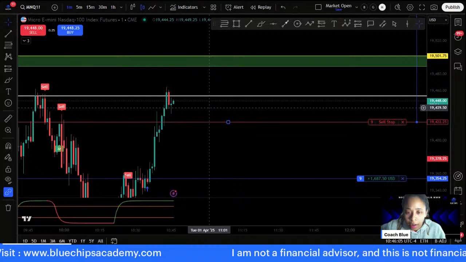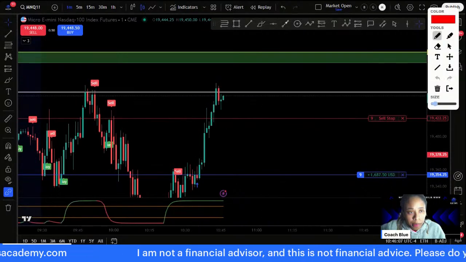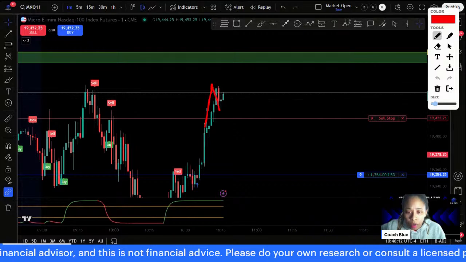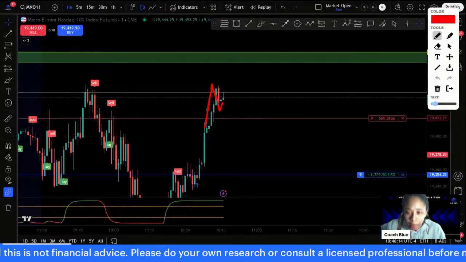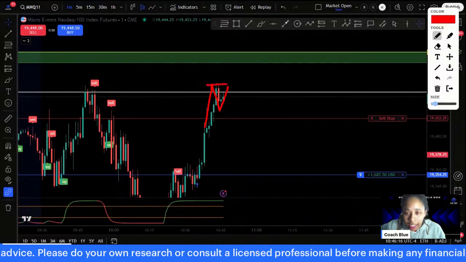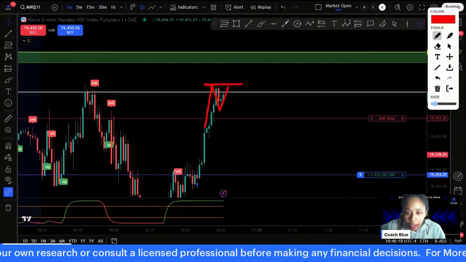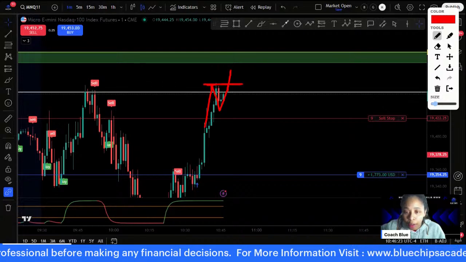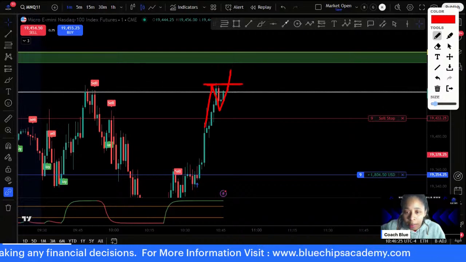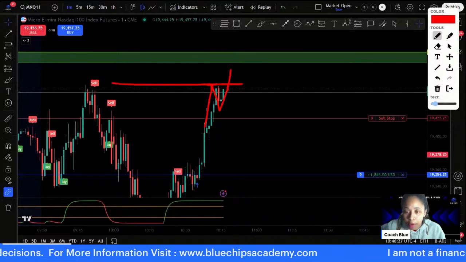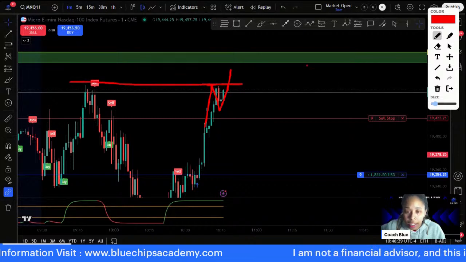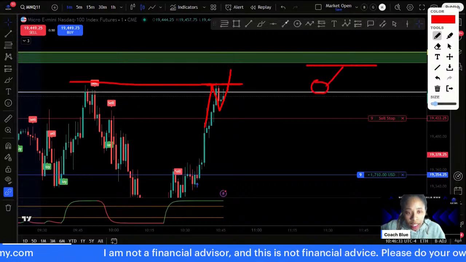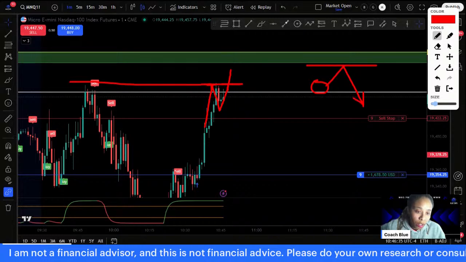Now, here's what I'm looking for. We had price come up here. We see that it's trying to find support, but now it has to break past this level because we just have rejection here, right? So now it has to break past this level for me to feel confident that it can break past this resistance. Remember, resistance is your ceiling, right? If I throw the ball to the ceiling, the next reaction is for the ball to bounce down, right?